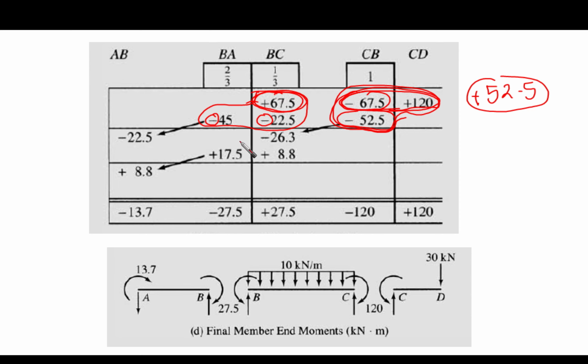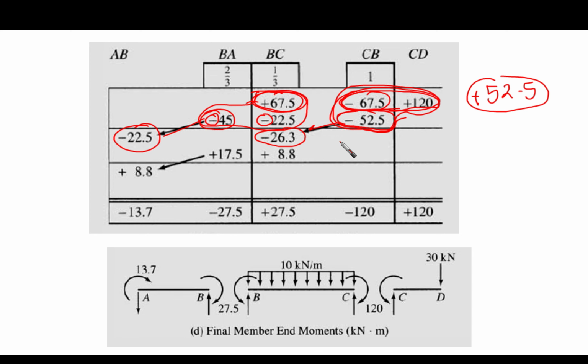That's it. Now let's go to the carryover. So this moment here, minus 45, carryover, far end is fixed, so half of it will be here with the same sign. And here minus 52.5, it is going to give us half of it here, 26.3. Well, if we talk about this 22.5, it should be carried over here, but we didn't find something here. We didn't carry over. Why? What is the reason?